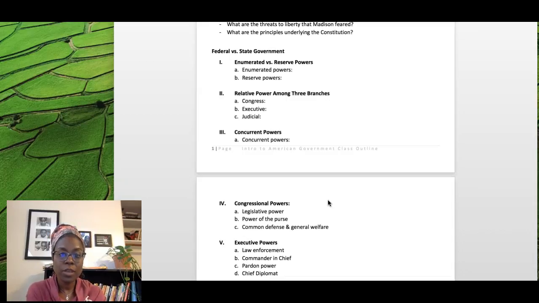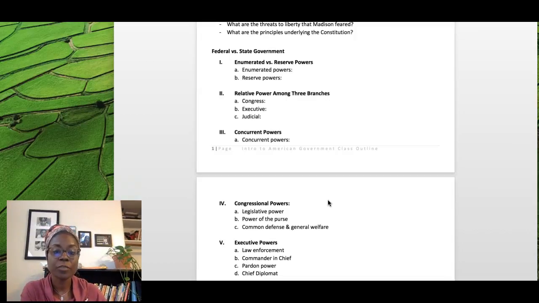So starting with Chapter 3, Federalism, we're going to begin by thinking about the federal versus the state government and some of the ways that the powers are divided. So to start off, we're going to talk a little bit about enumerated versus reserve powers. What's important for you to note is that enumerated powers are those powers that are designated as belonging to Congress, and they are detailed in Article 1, Section 8 of the Constitution, which we will be reviewing in class.